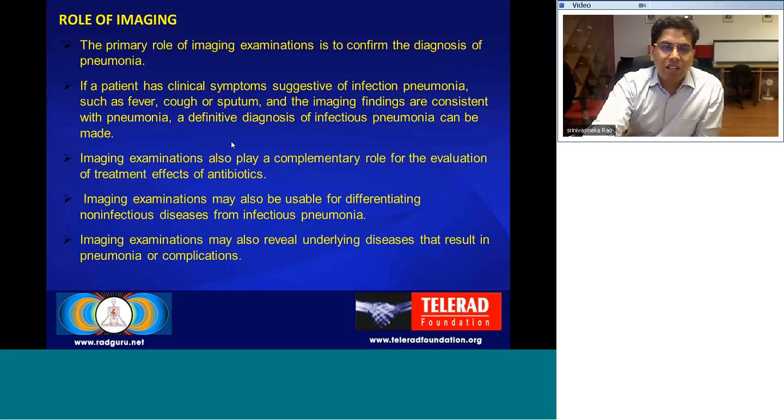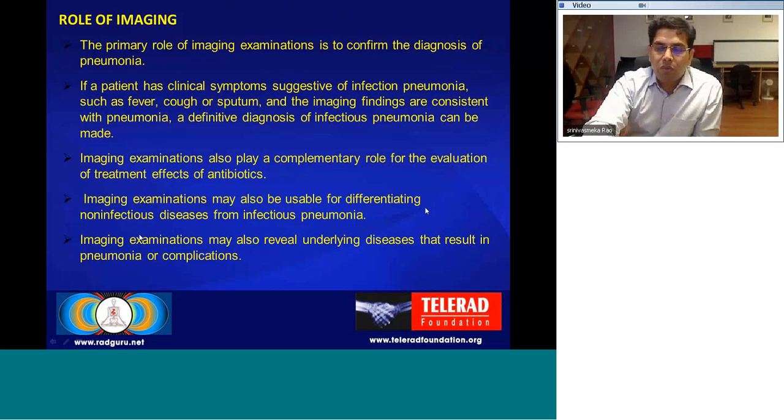If the physician is sure that the patient has a pneumonia, he can avoid doing a chest radiograph in the first place. If he wants to do it, that will be for confirmation and then for follow-up. So hence the imaging examinations play a complementary role for evaluation of treatment effects of antibiotics, as I said.